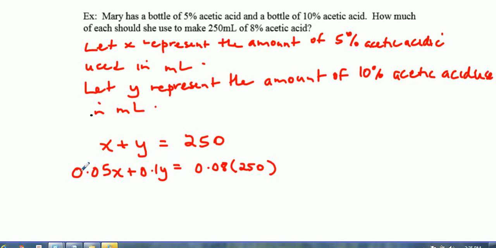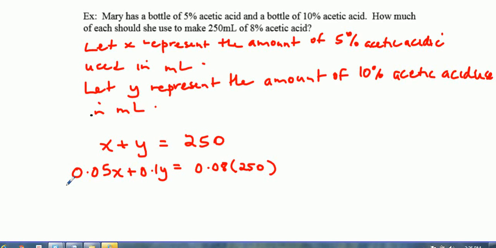So the 5% times the amount is going to give me a certain concentration of acetic acid, right? You're adding a 10% acetic acid, but how much of each depends on what your final amount wants to be, because we want it to be 8%. Okay, so 8% times the 250 mils.